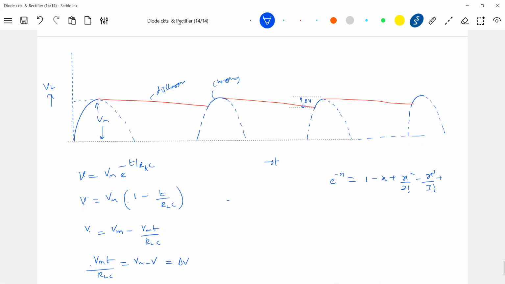So now the ripple factor, we denote by the symbol gamma like this. This is equal to the fluctuation by the peak value. So the fluctuation by peak value should be equal to T by RLC. What is this T?